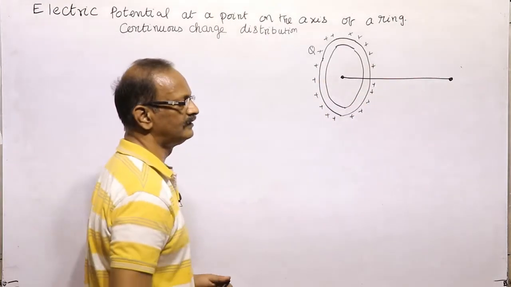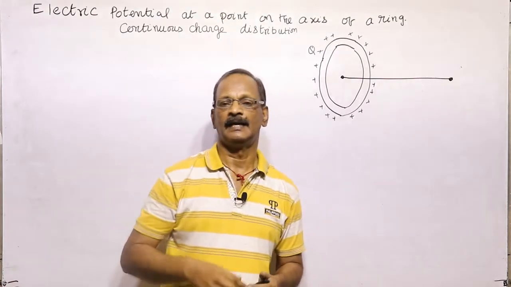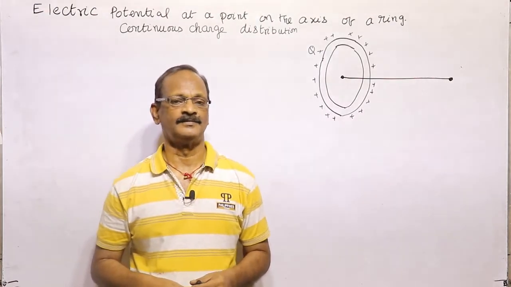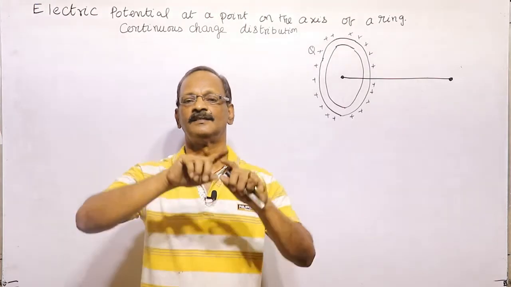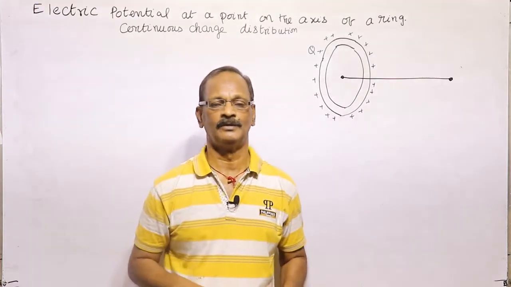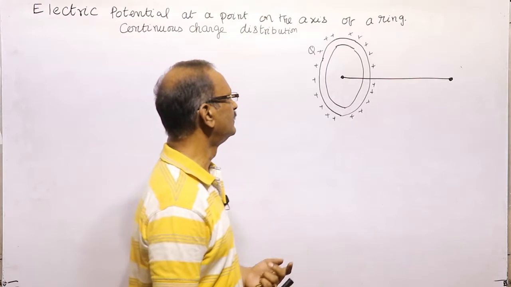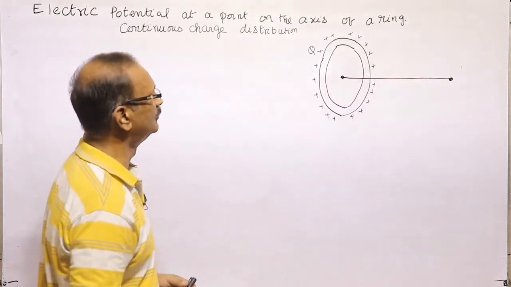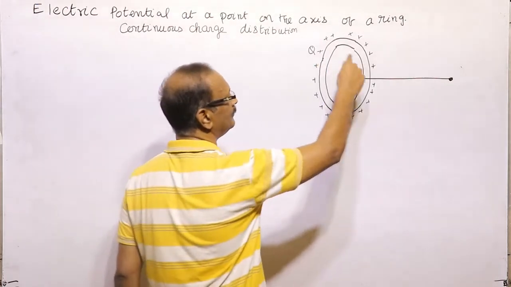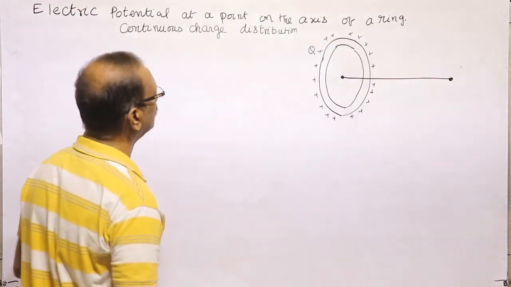What is continuous charge distribution? In electrostatics itself, we have seen continuous means charge is continuously distributed over the entire body. So in the ring, a charge is given, and it is continuously distributed over the entire surface of the ring.